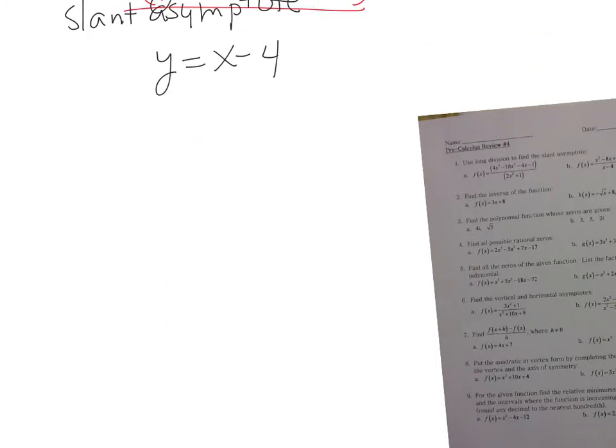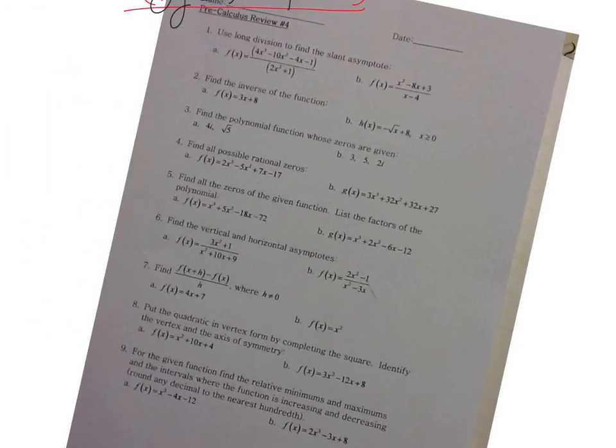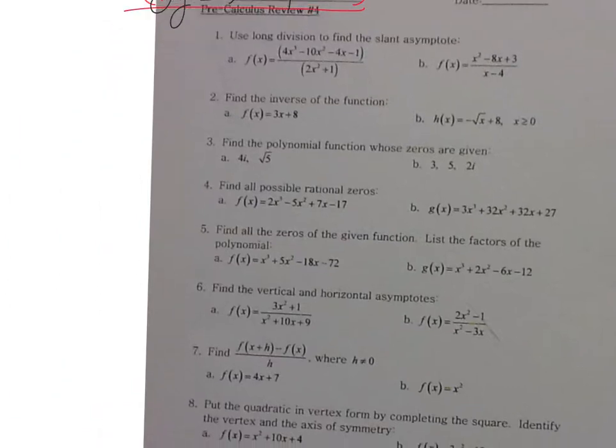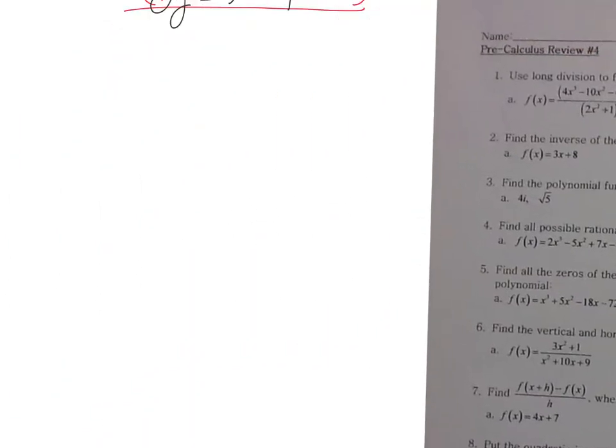Okay, so let's try number 2. Number 2 says to find the inverse of the function. Remember, inverse is reflection over the line y equals x, and that means to switch x and y. So number 2a, which is f of x, is equal to 3x plus 8. So I have y equals 3x plus 8.